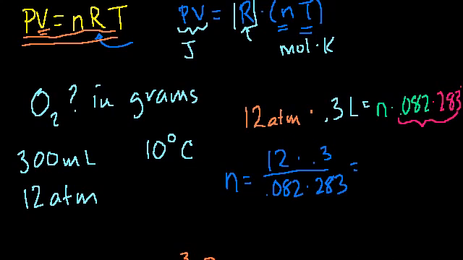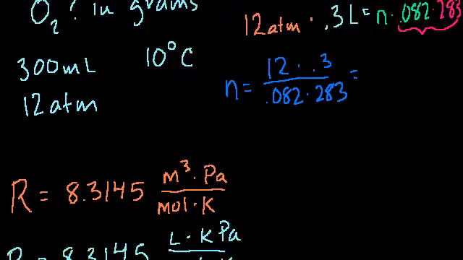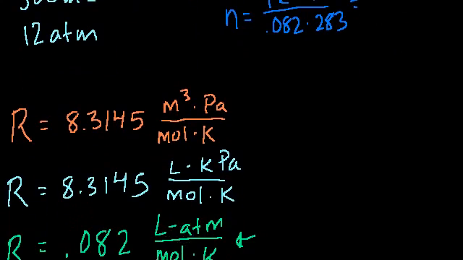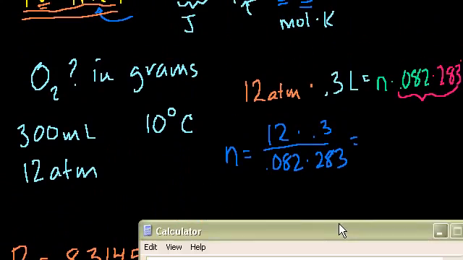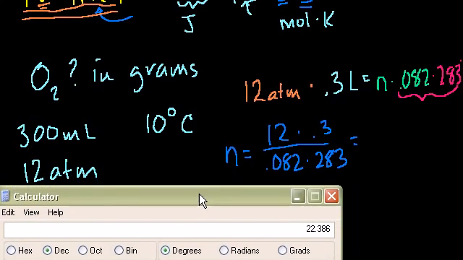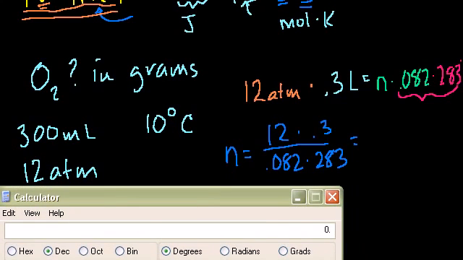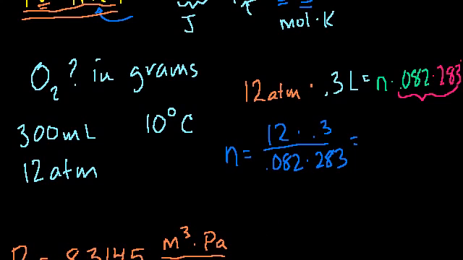If you want to verify that, you can plug in all the units and use the units for the ideal gas constant. So it's 12 times 0.3 divided by 0.082 divided by 283, which is equal to 0.155 moles.